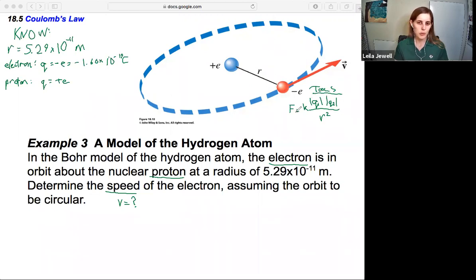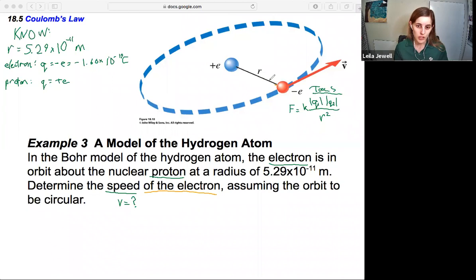Now, this equation only gives us the magnitude. We then need to fill in the direction. And the direction, we remember, is going to be along the line connecting them. And which object do we care about? Well, notice we're trying to find the speed of the electron. So we care about what force the electron feels due to the proton. So what's the direction of the force the electron feels?